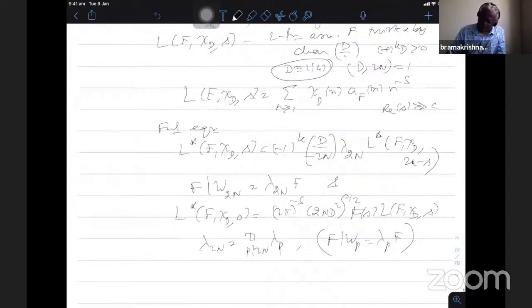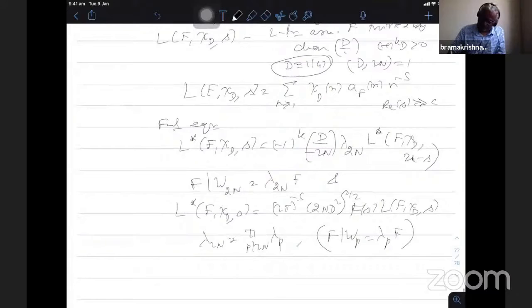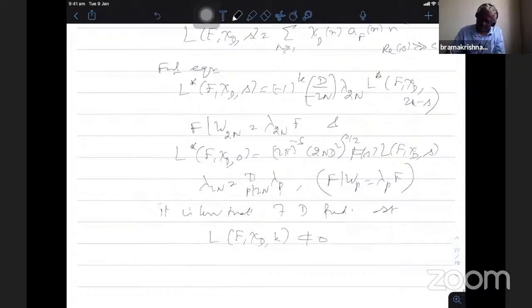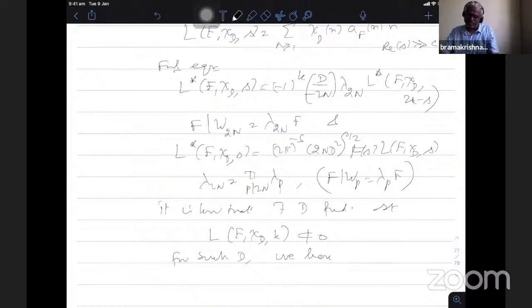It is known that there is a fundamental D such that L(f, χ_D, k) at the center is non-zero. Therefore, for such D, once I substitute here and put s equal to k, both sides are the same.